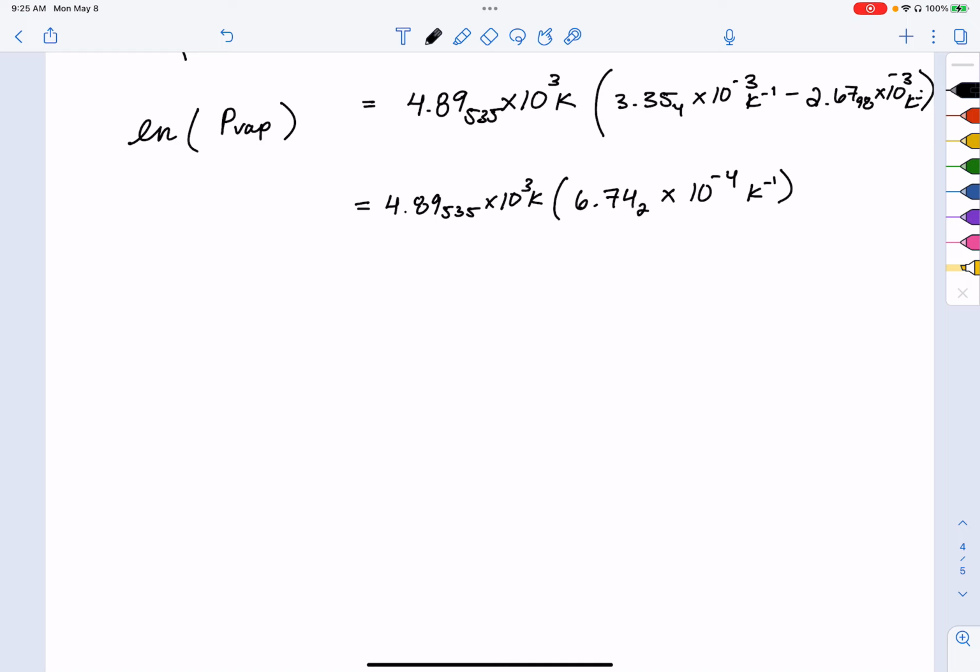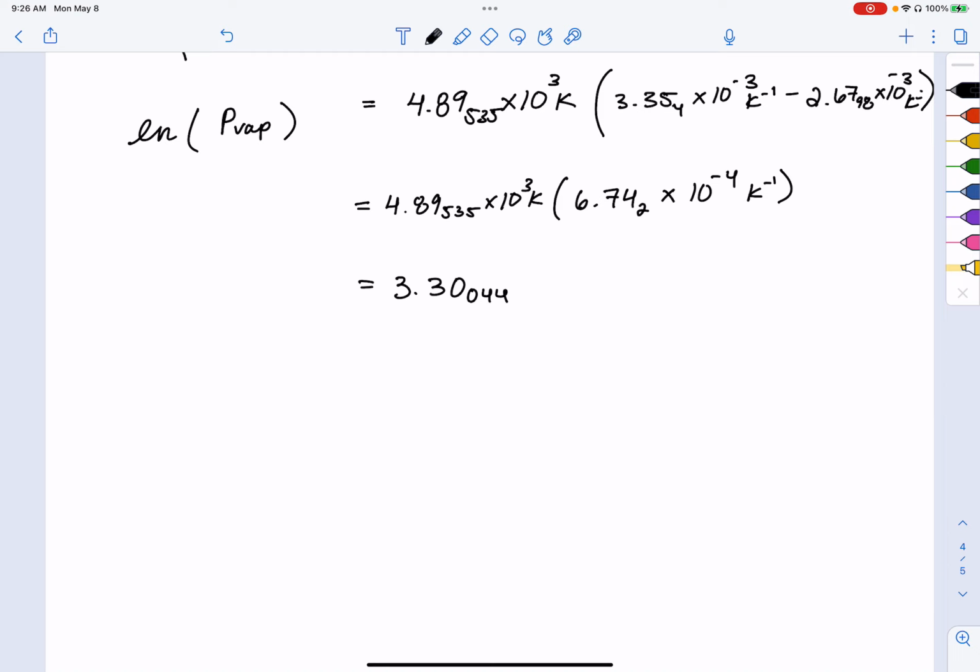Okay, multiplying this out by that constant, that is going to be times 4.89535 times 10 to the 3. So times that. Okay, I get 3.30044.